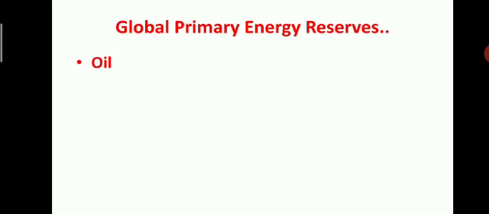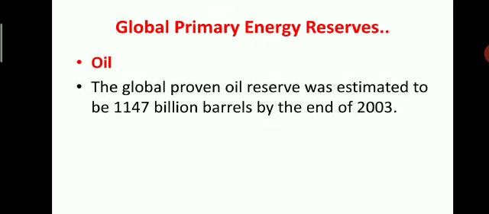Next is oil. Let us see. The global proven oil reserves was estimated to be 1147 billion barrels by the end of 2003. Again, I am here giving you the figures of 2003.